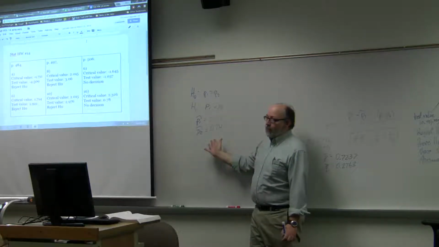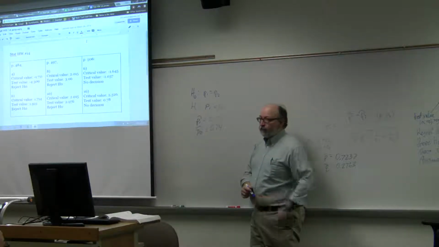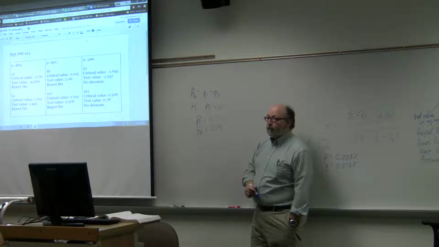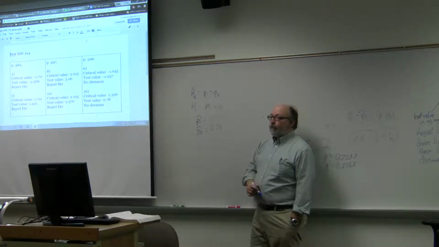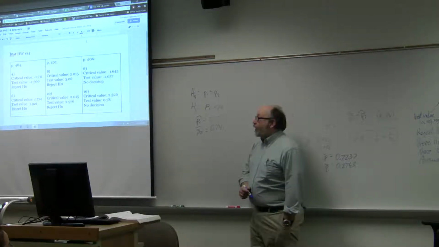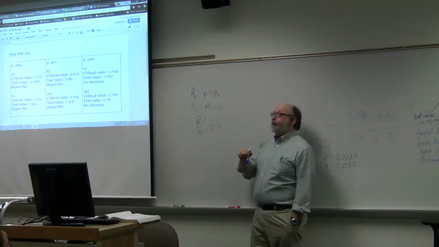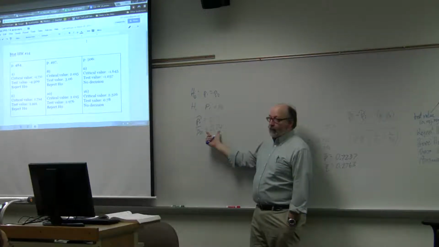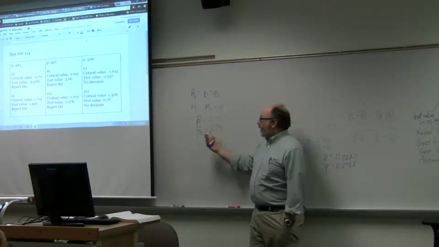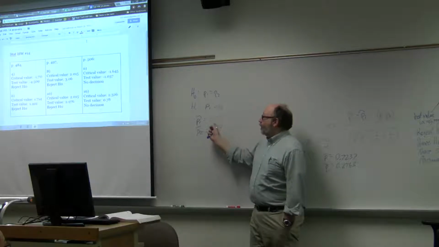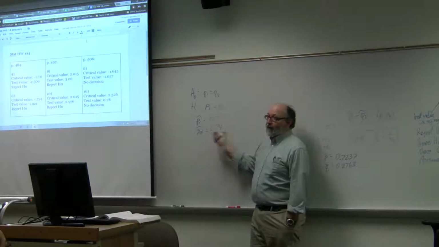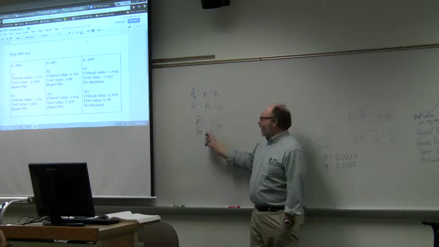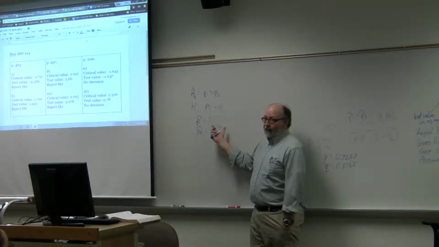So it doesn't matter if the problem stated less than or greater than? Well, it has to be consistent with what the samples are. If the problem said, can you prove that P1 is greater than P2? I would say no. I can't prove that this is greater because my sample said it's less.